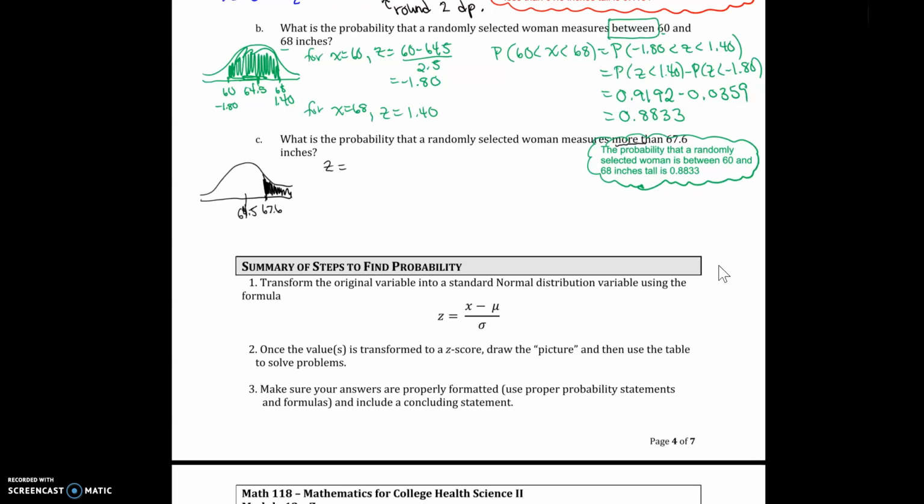So since we're figuring out probability based on 67.6 inches, I'm going to figure out how many standard deviations 67.6 is from the mean. So I subtract 64.5 since that's the mean, and divide by 2.5 because that's the standard deviation. When I do that calculation, it comes out to 1.24.